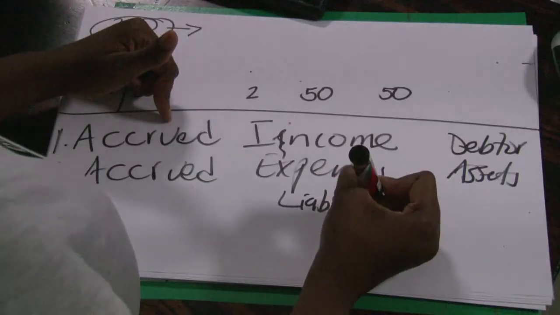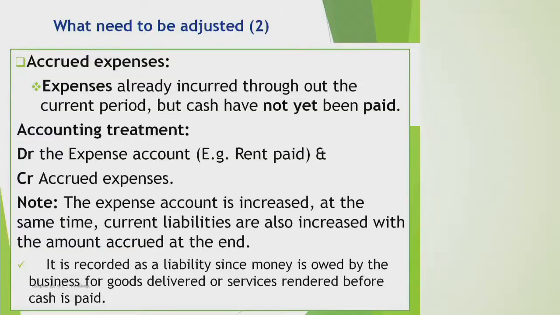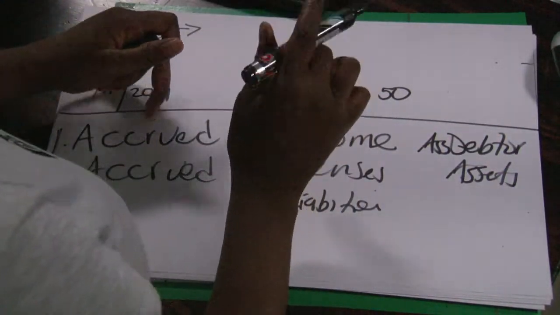So you are owing the suppliers. That's why this becomes accrued expense, and it's a liability because you are owing these people, and you know how to treat liabilities. As long as you know accrued income is an asset and accrued expenses is a liability, then you are good to go.